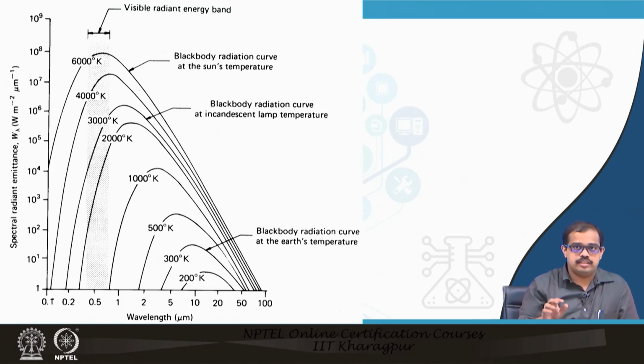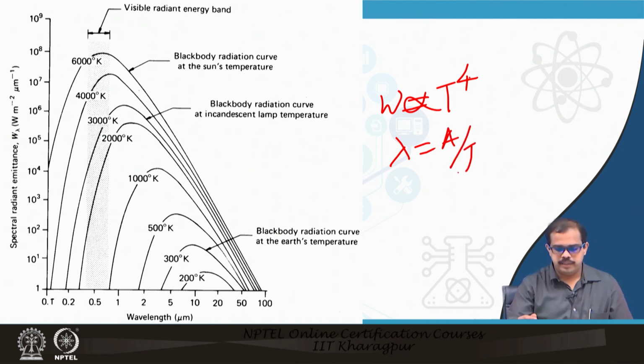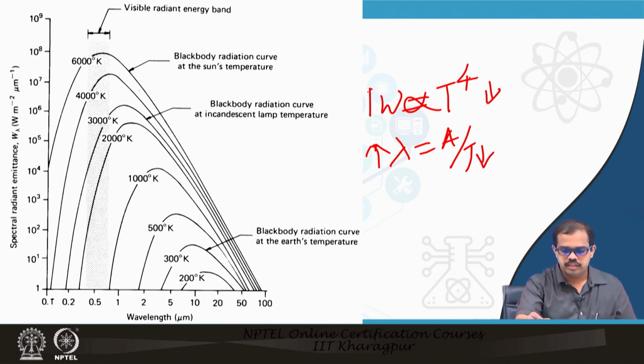Let me go to this example to explain much more. What did we say? W is proportional to the fourth power of the temperature and lambda is A by T, which means the higher the wavelength, the lower the temperature. If the temperature is lower, then the radiant emittance is lower.